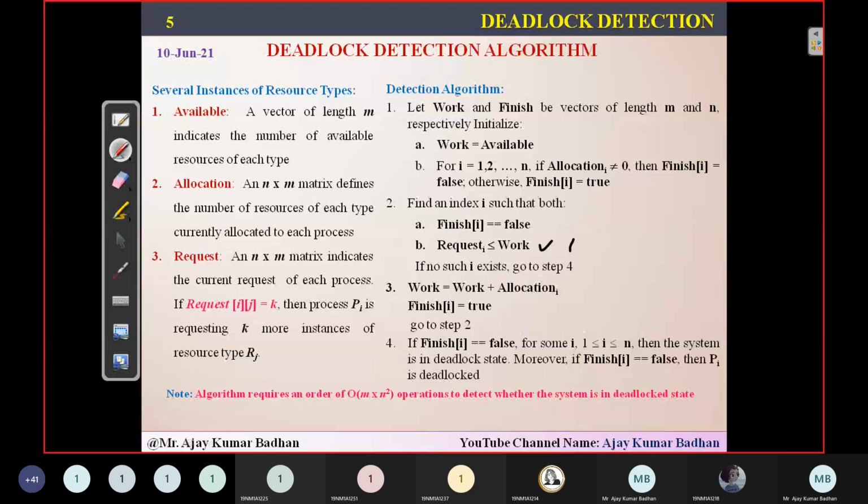In the safety algorithm we wrote Need[i] less than or equal to Work. But in the deadlock detection algorithm, the Need matrix is replaced with the Request matrix, because we are not interested in allocating resources in detection, since here the deadlock has already taken place.